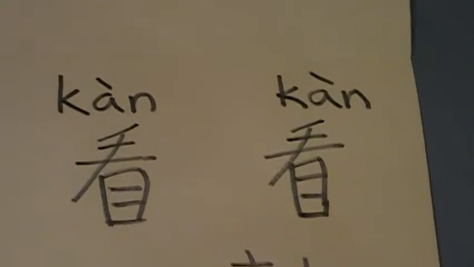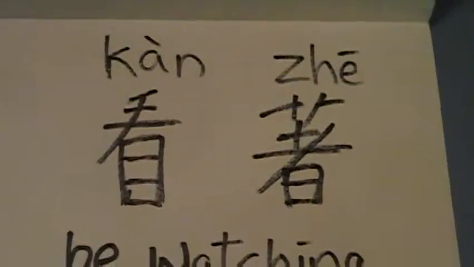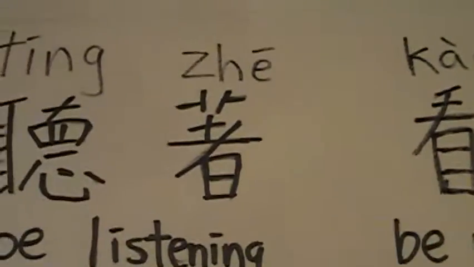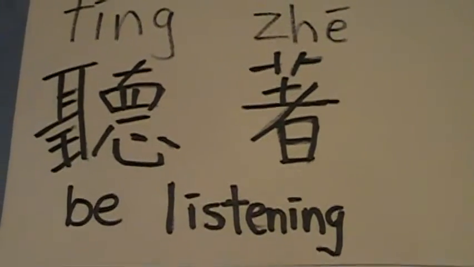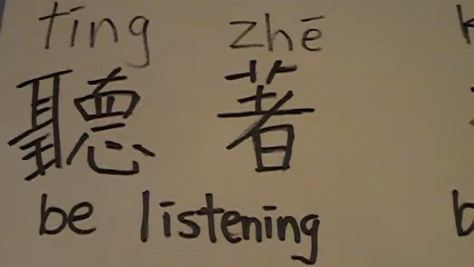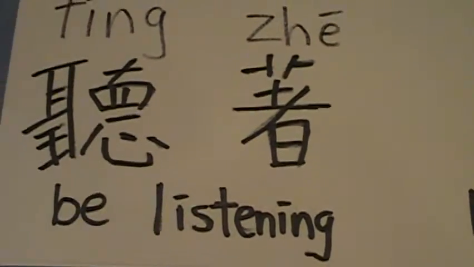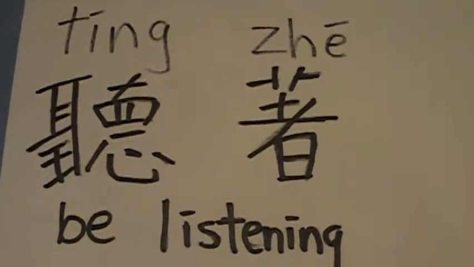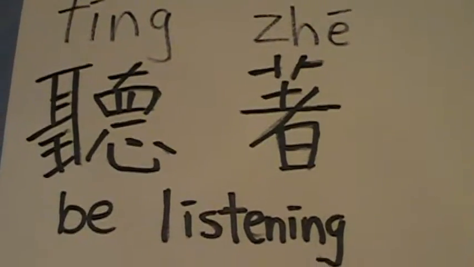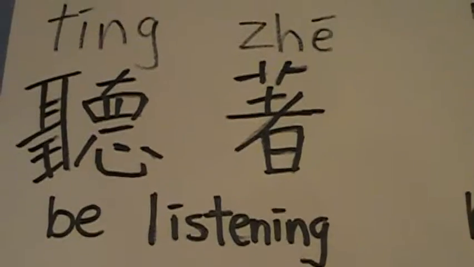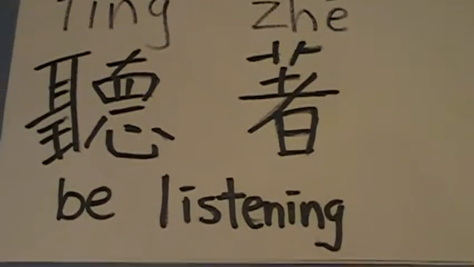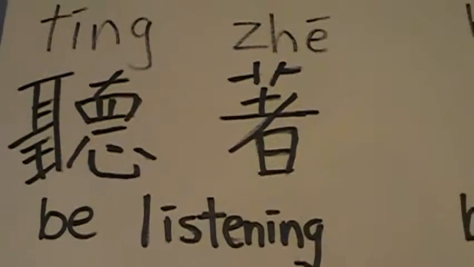We'll move on to tenses of verbs. As we learned previously, 听 means listen. However, by adding a single word, 在, to 听, it denotes be listening, or as is more commonly used, is, are or am listening.